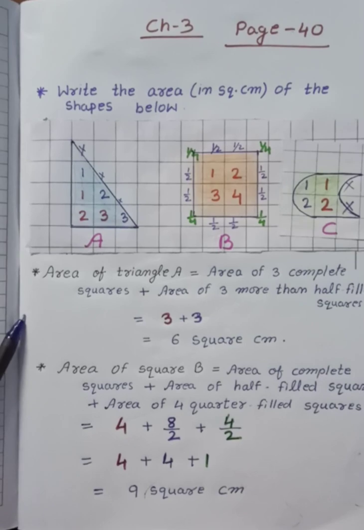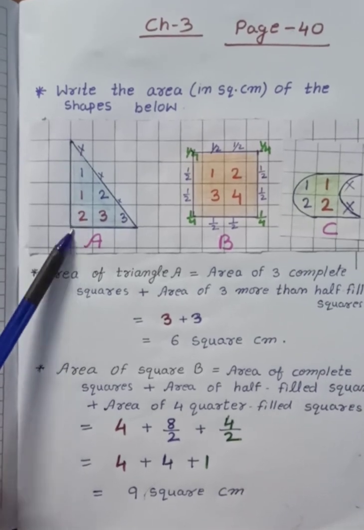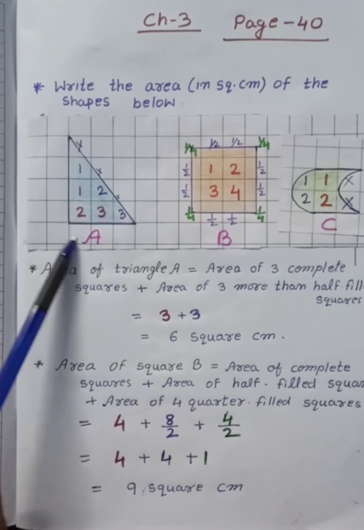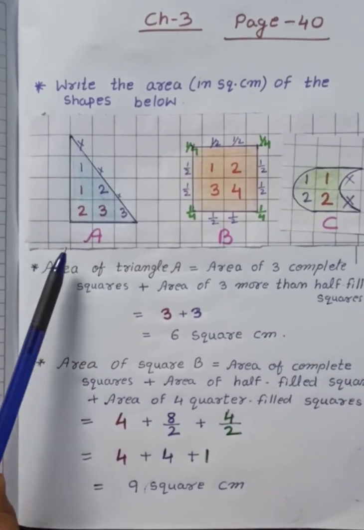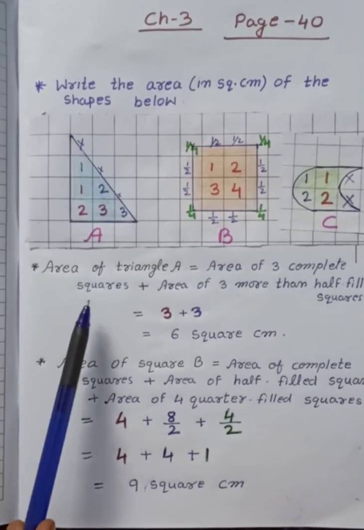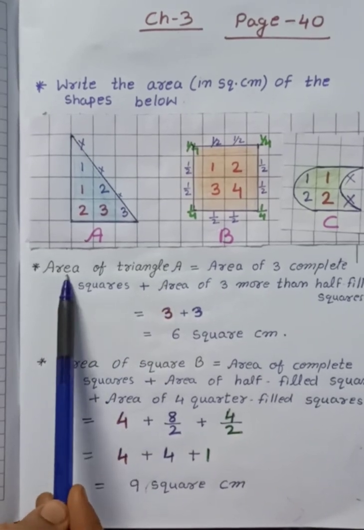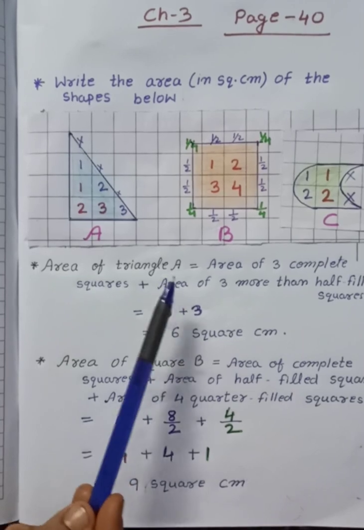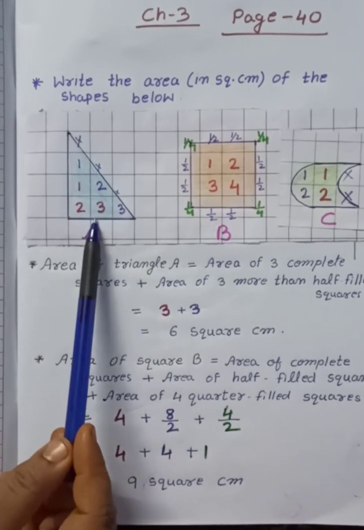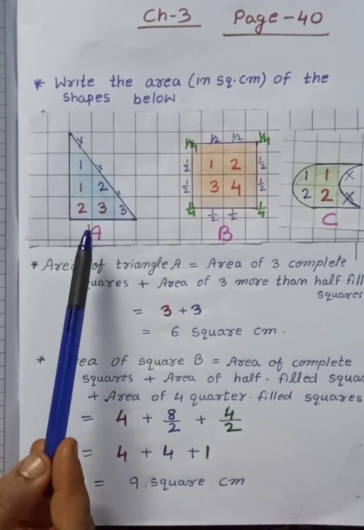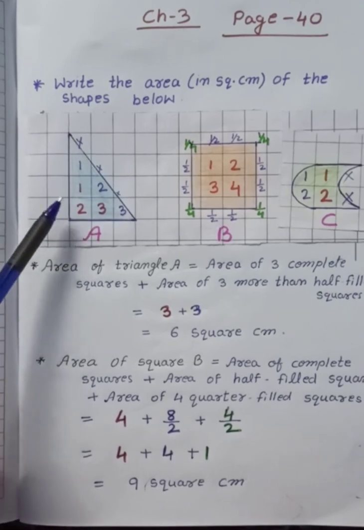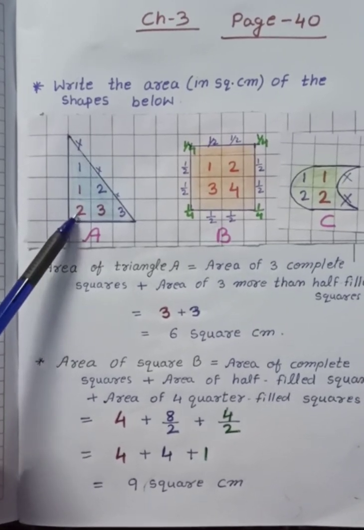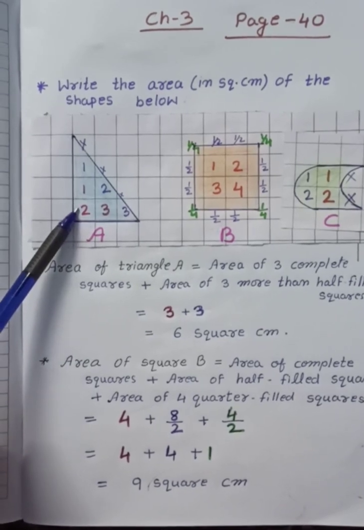First, let us consider the area of the triangle. We have to find the area of this triangle. Area of triangle A is, what will we write? Area of complete squares. So here children, you can see very carefully how many complete squares are in this triangle.